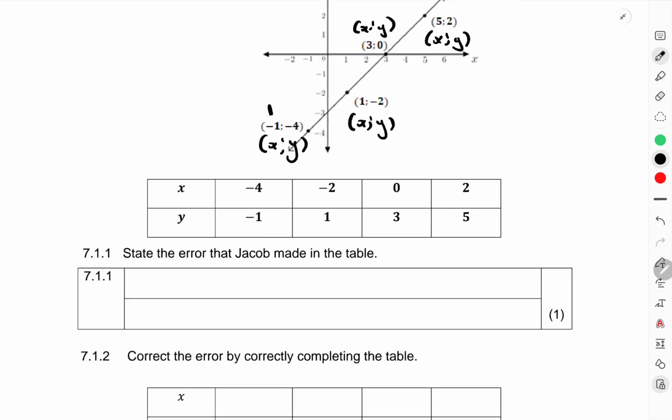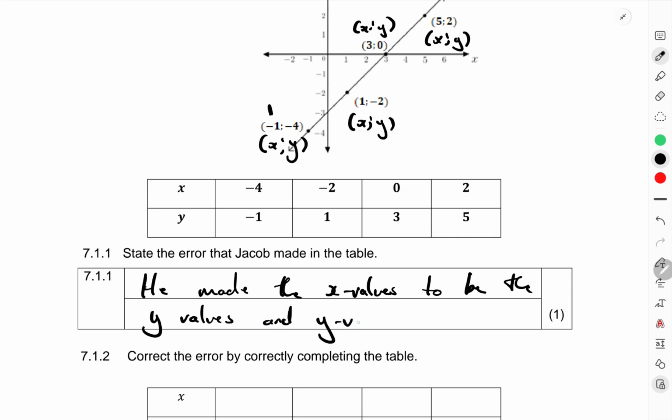He made the x values to be the y values and the y values to be the x values, on the ordered pairs, which is the error that he made.